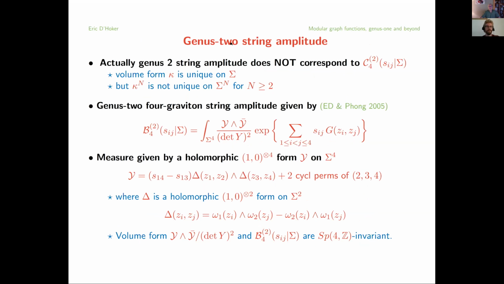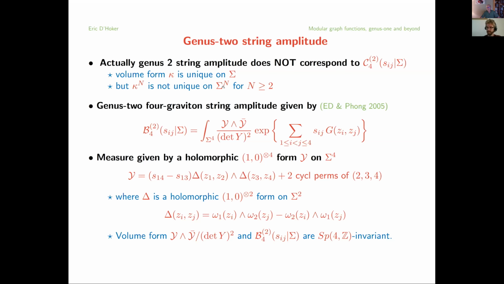Now, actually, for genus 2, the string amplitude is known, but it does not coincide with what we just wrote down. And the reason is as follows. The Green's function is fine, but the volume form, kappa, is unique when you consider the form on a single surface.